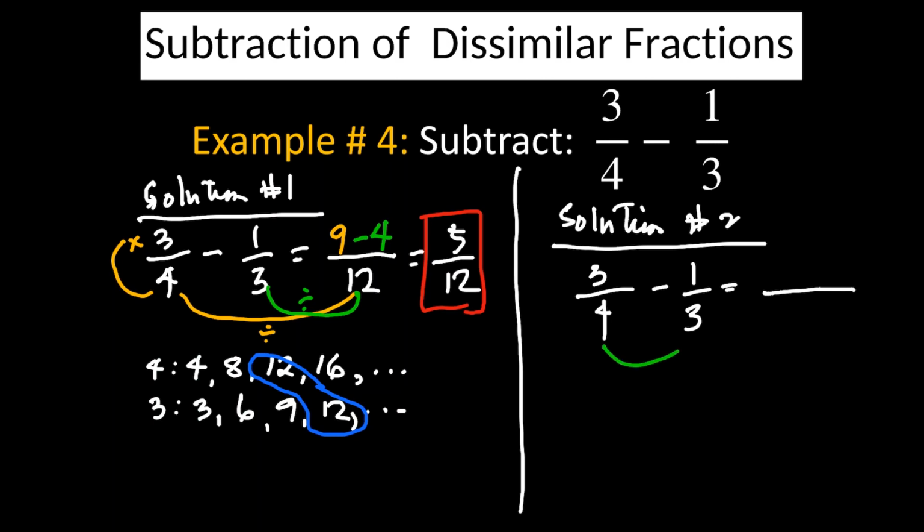Very simple. You multiply 4 and 3, that will give you 12, and then you multiply 3 and 3 here, that will give us 9, minus you multiply 4 and 1, that will give you 4, and 9 minus 4 is equal to 5 over 12.